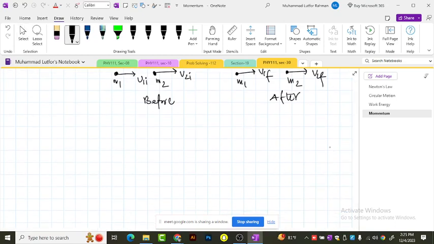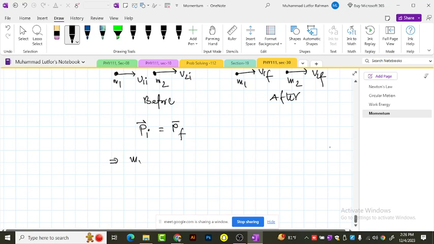Then the momentum will be conserved. You can write total initial momentum equal to total final momentum: M1 V1I plus M2 V2I equal to M1 V1F plus M2 V2F.